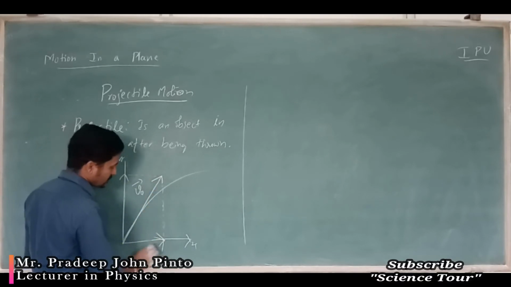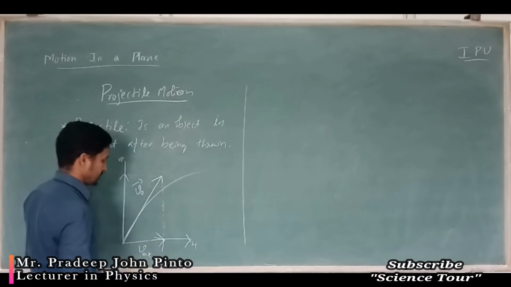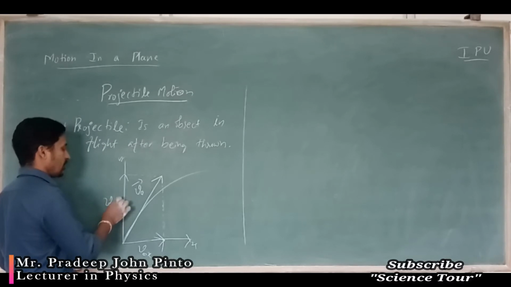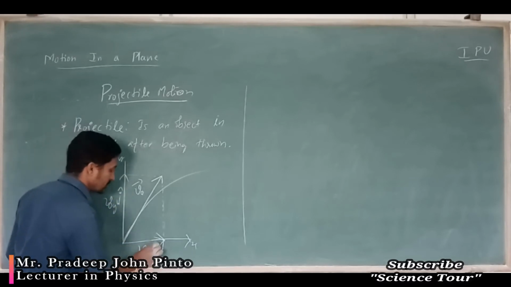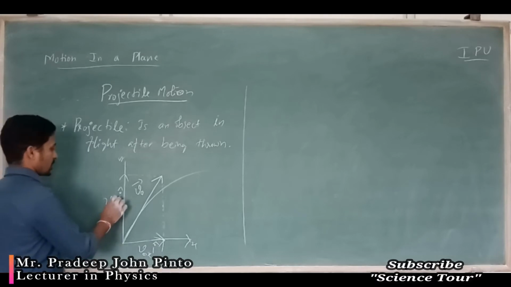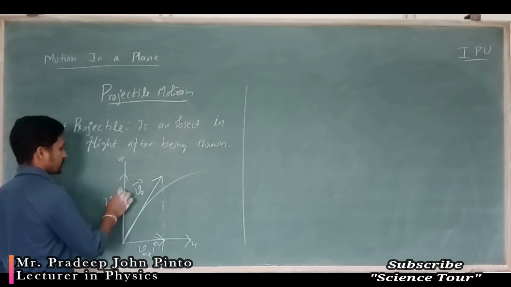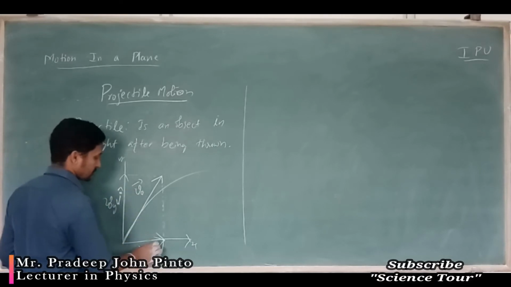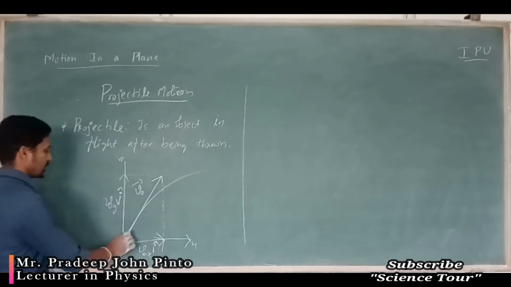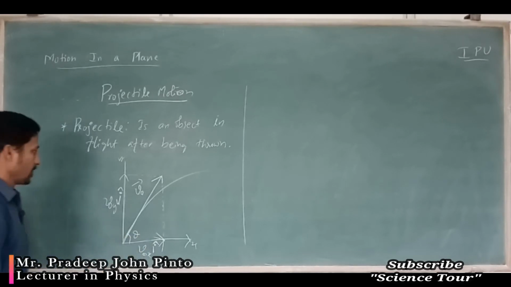So we get v naught x along the x direction and v naught y along the y direction. This angle is theta.